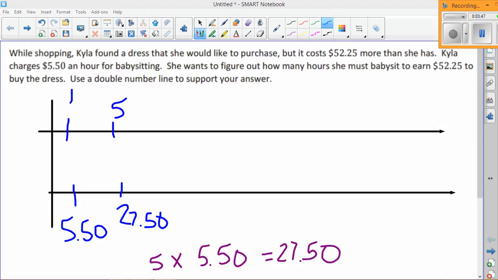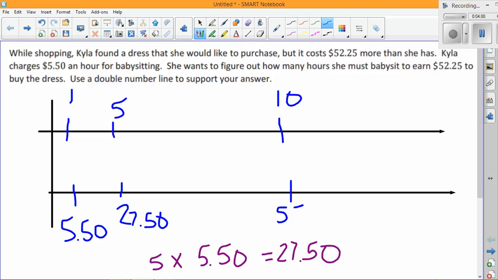You want to pick some easy ones to do. I'm going to skip a little space, and I know that 10 is, 5.50 times 10 would be $55.